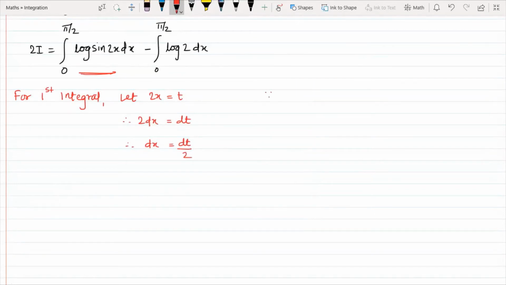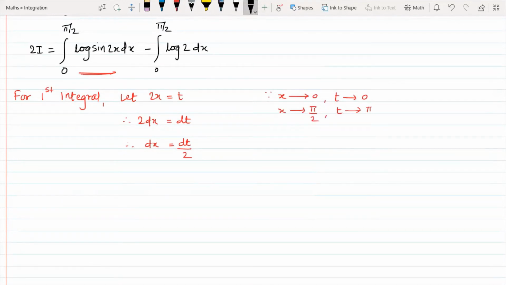By the way, since I am changing the limits, for the lower limit, since x tends to 0, t also tends to 0. And if x tends to pi by 2, this is the upper limit, t can be written as pi.